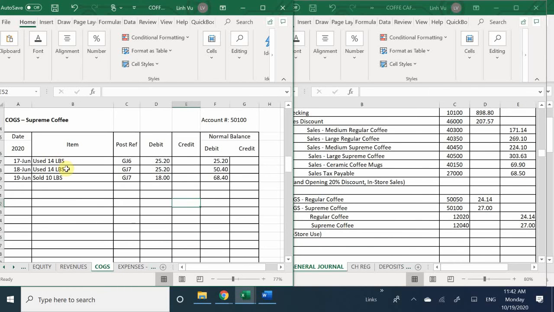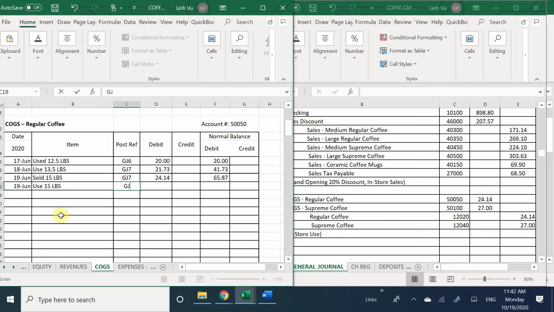Cost of goods sold. So the first cost of goods sold I've encountered is going to be for my regular coffee for the 19th. All right. How many pounds did I use? 15. Use 15 LBS. General journal.